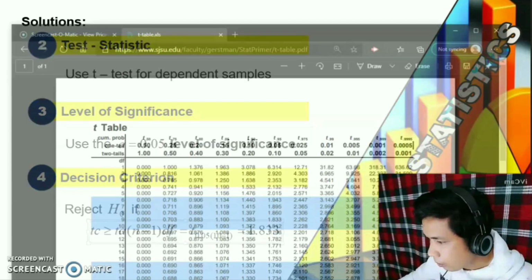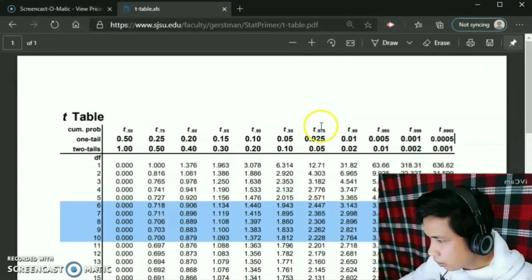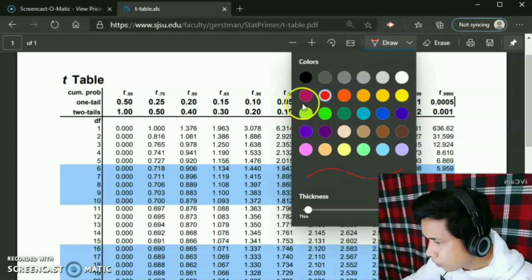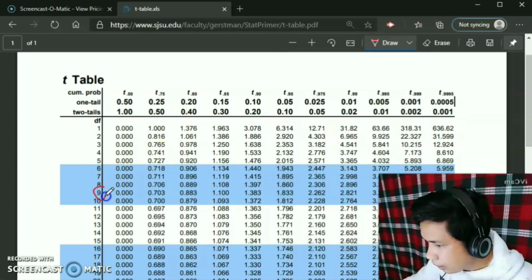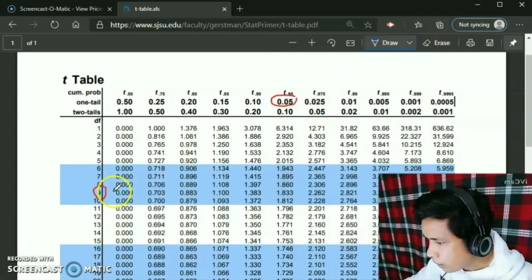Now we go back to our PDF, and I suggest that we should zoom it out and locate the number 9. This time I will be using the aid of the tools. Now locating 9 on the degrees of freedom and one tail that is 0.05. Now we will have the intersection and we will use the color blue to give emphasis.